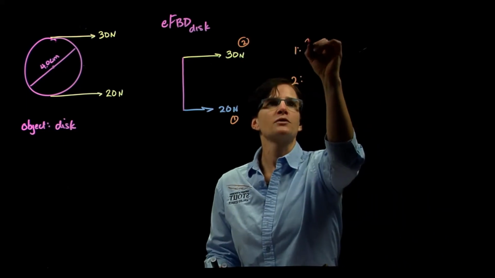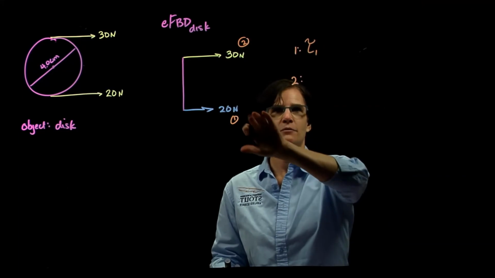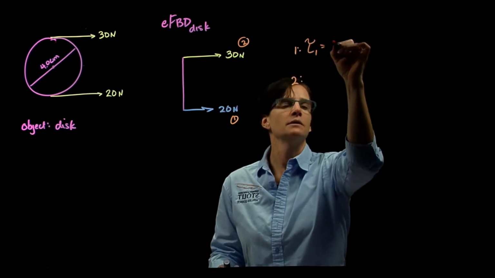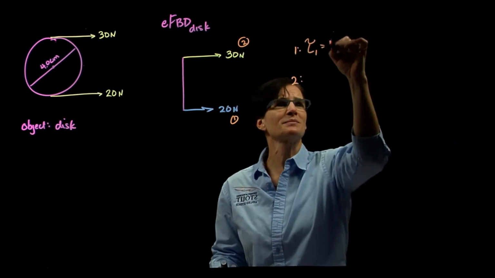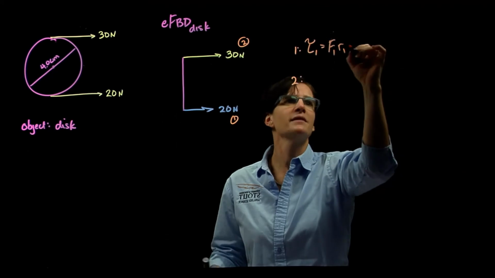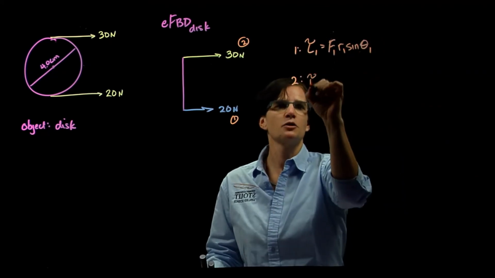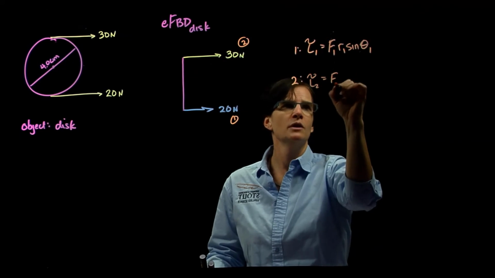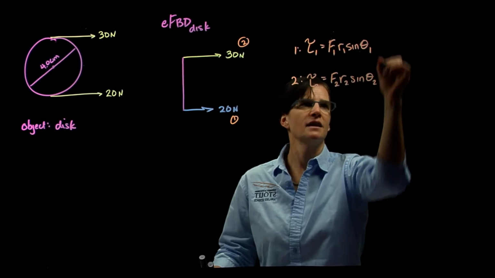My torque 1 is the torque exerted by force 1, and that's going to equal force 1 times the radius 1 times the sine of the angle 1. Similarly, torque 2 is going to equal force 2, radius 2, sine of angle 2.